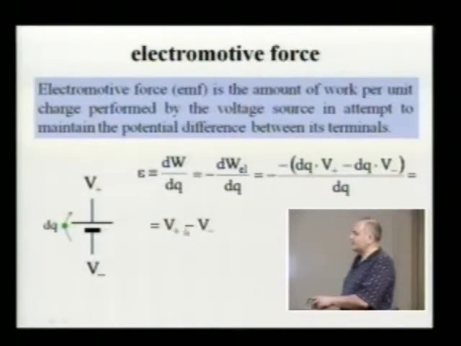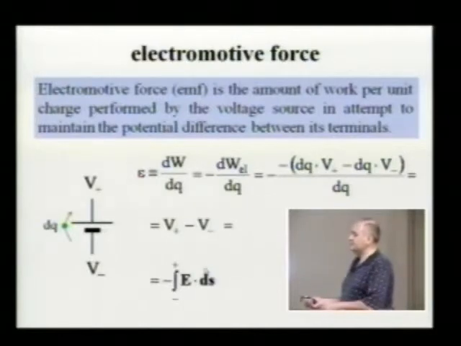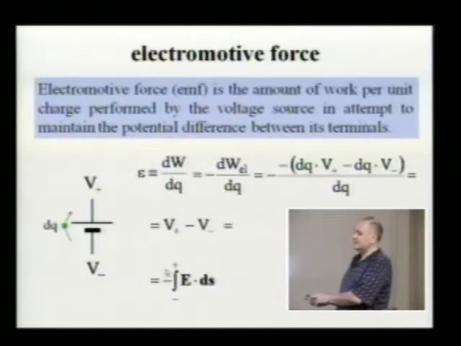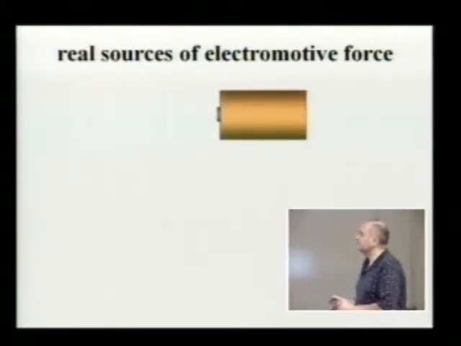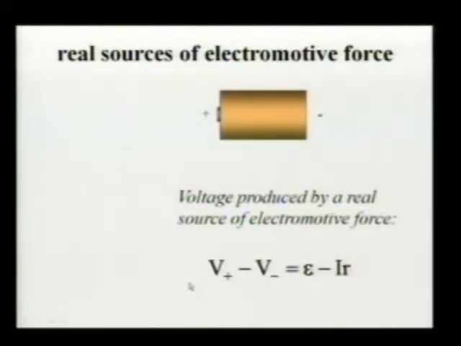All right, now from the relationship between potential and electric field vector, we can also recognize that electromotive force is just a line integral of the electric field between this point and this point. Let's now take a look at real sources of electromotive force, like a battery, for example. Voltage produced by a real source of electromotive force is related to the electromotive force itself.